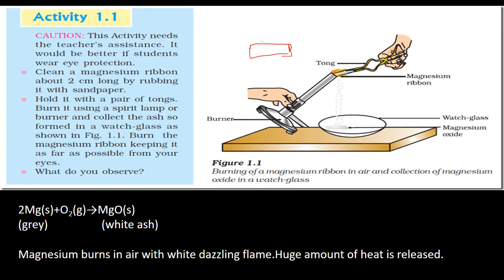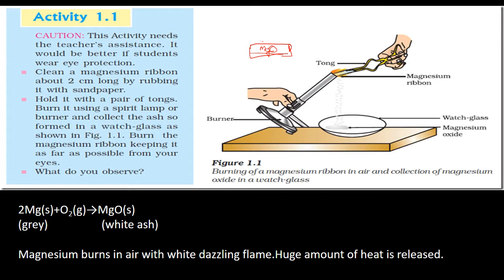But it is a self-protective metal. After some time it will develop a protective layer of magnesium oxide over its surface. This magnesium oxide will prevent further oxidation, so it will be very difficult for us to burn the magnesium ribbon.